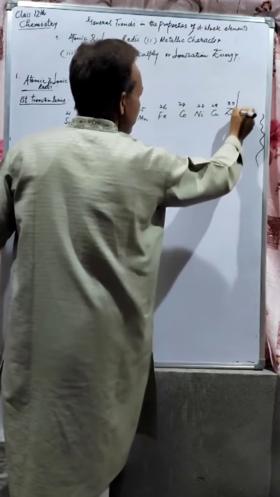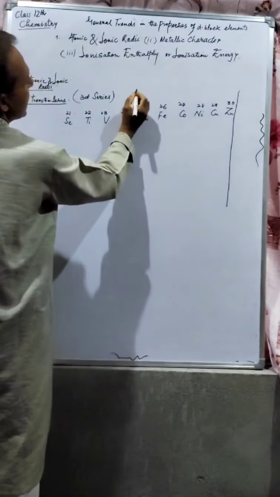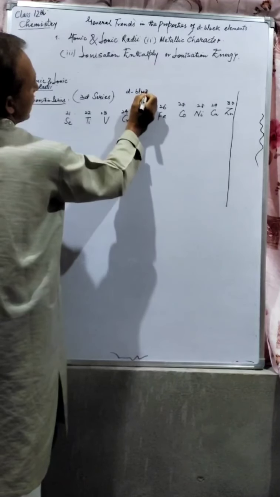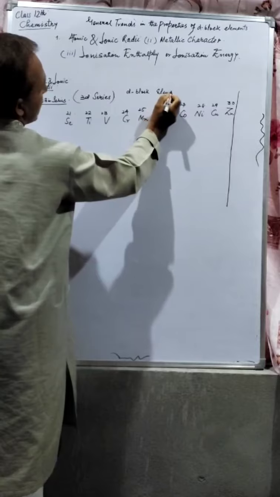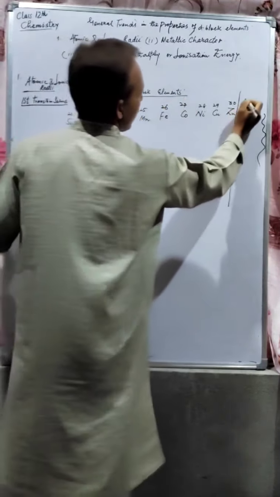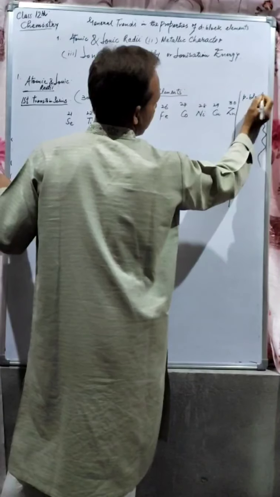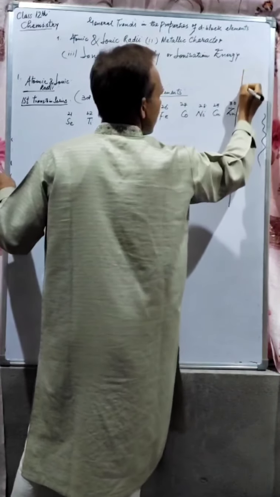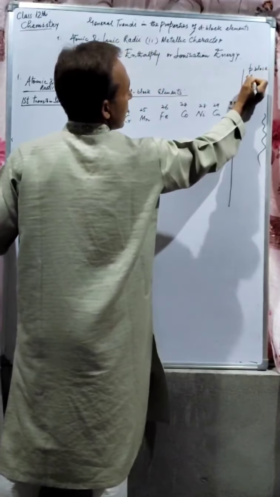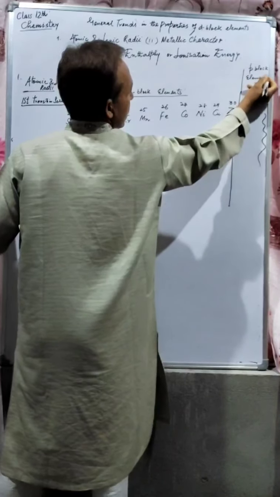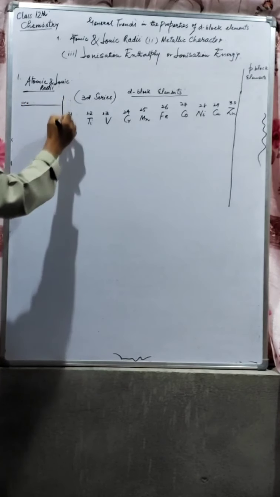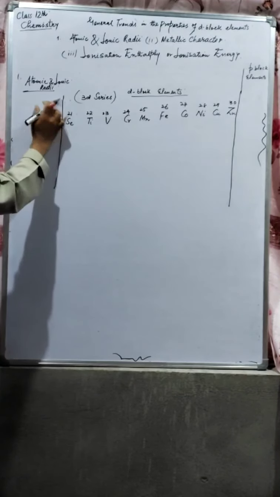And here we have the transition elements or d block elements. And here we have p block elements. And here we have s block elements.